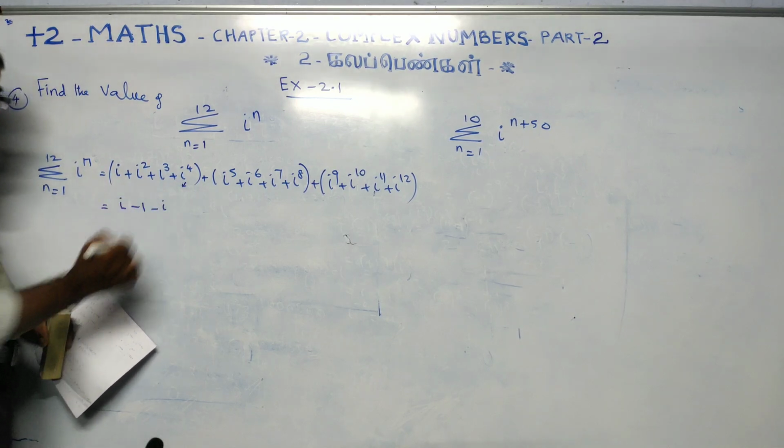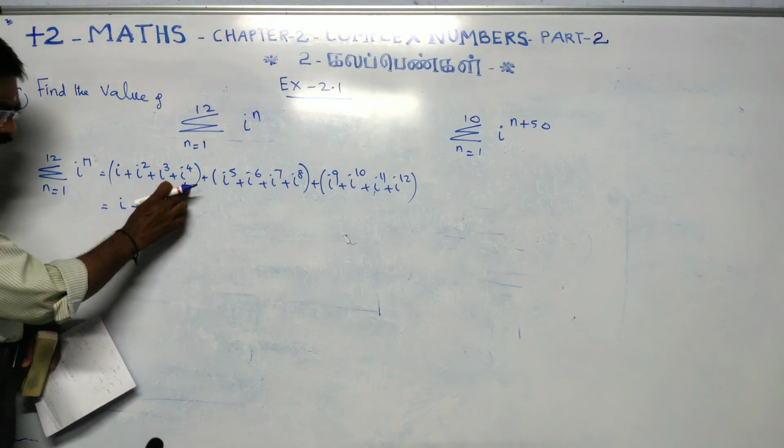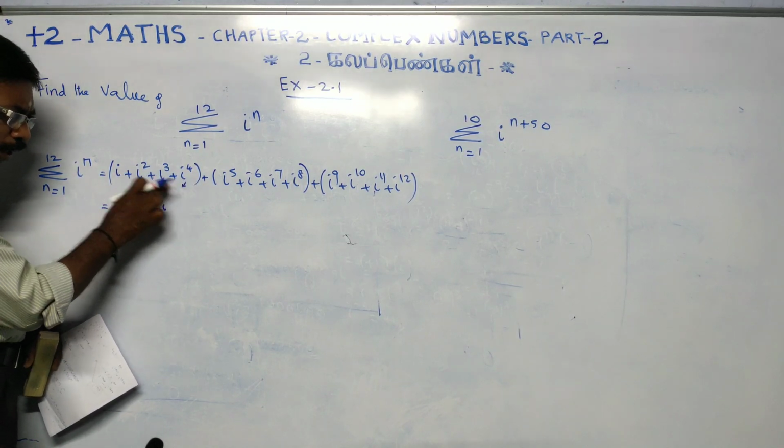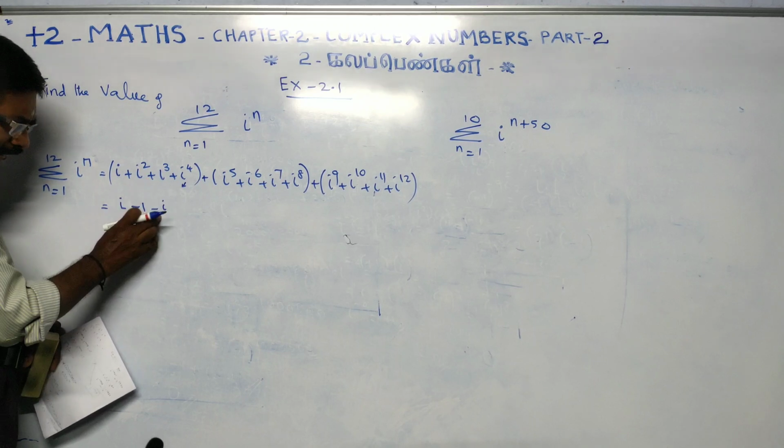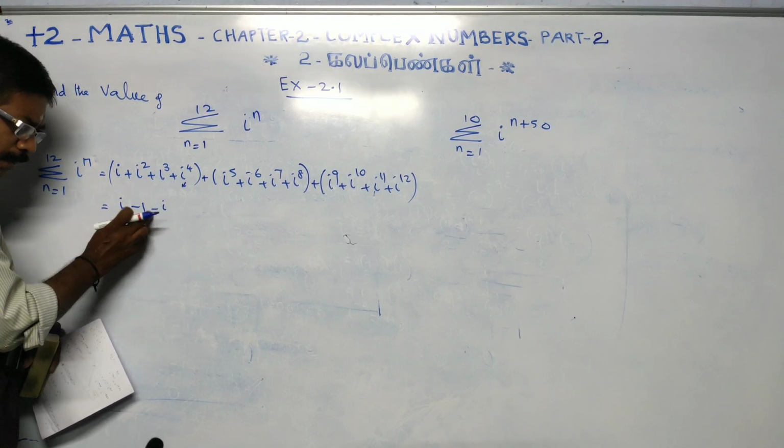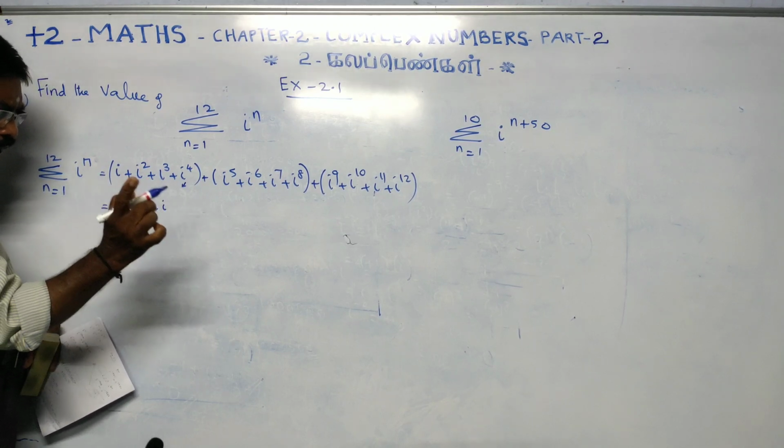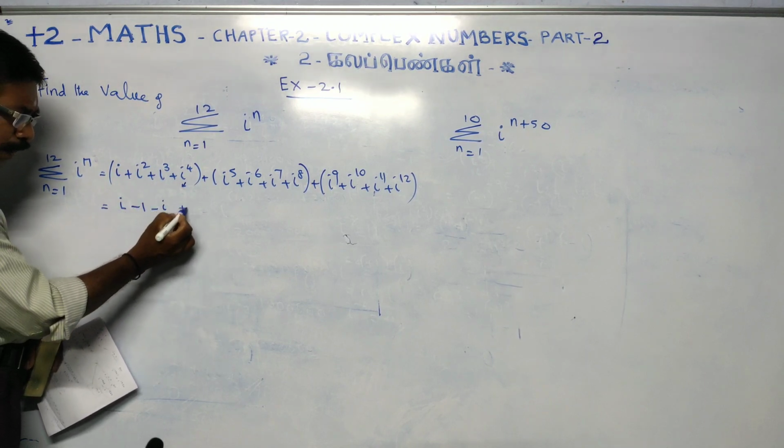I power 4 means i cube into i. I cube value is minus i, into i gives minus i square. I square value is minus 1, and with the minus in front, it becomes plus 1.